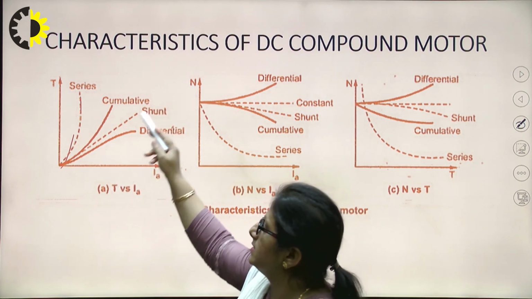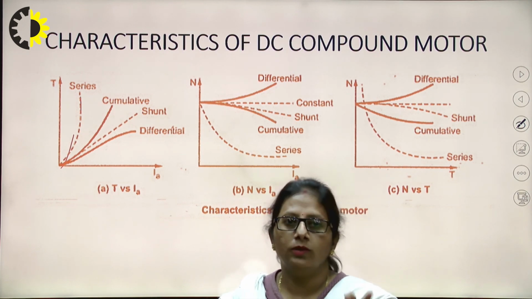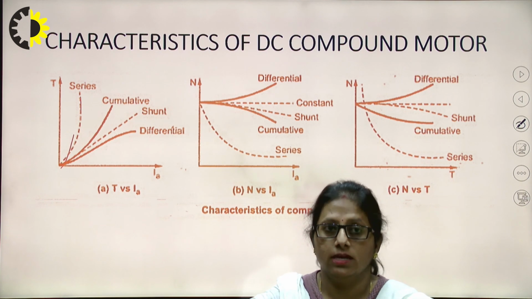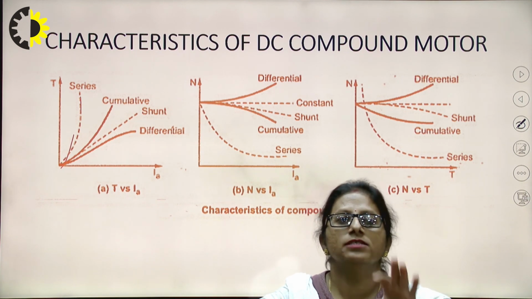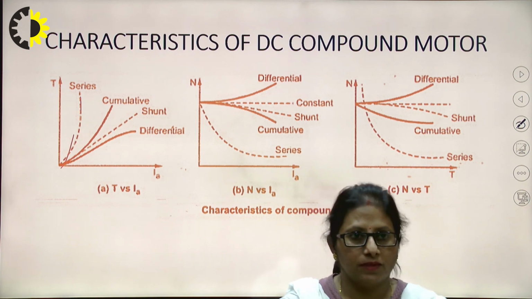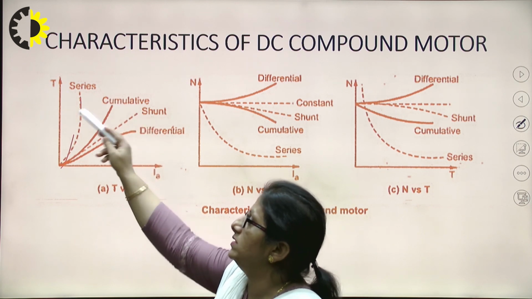The shunt is directly proportional, so it is lagging behind. We know the cumulative motor has the characteristics of both shunt and series, so its characteristics lie between series and shunt.